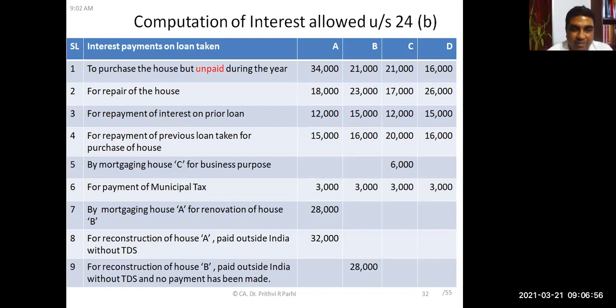Point 8. For reconstruction of house A, interest paid outside India without TDS. You have to see whether it's allowed or not. Point 9. For reconstruction of house B, interest paid outside India without TDS and no payment has been made.